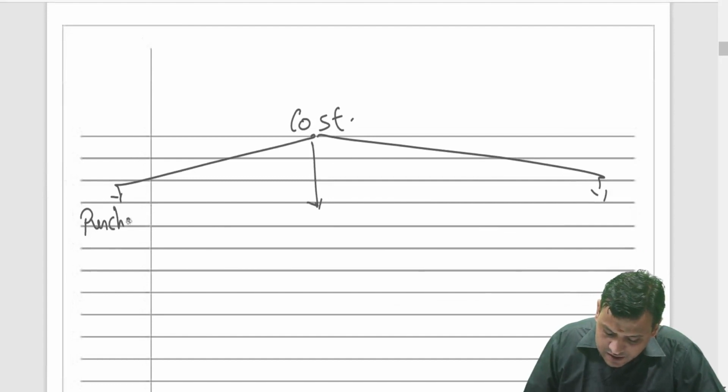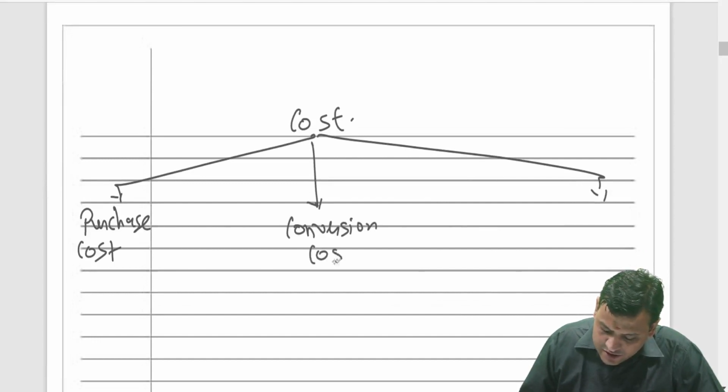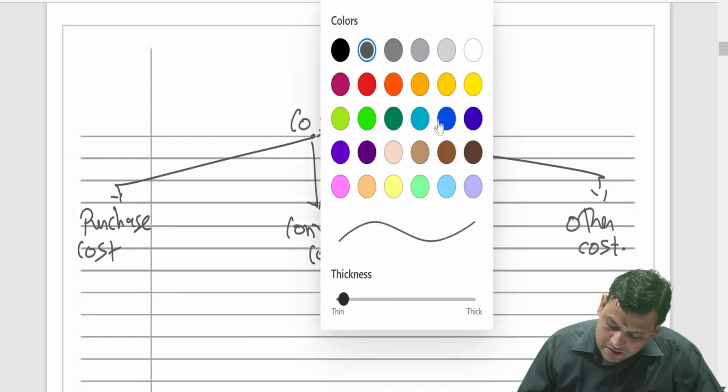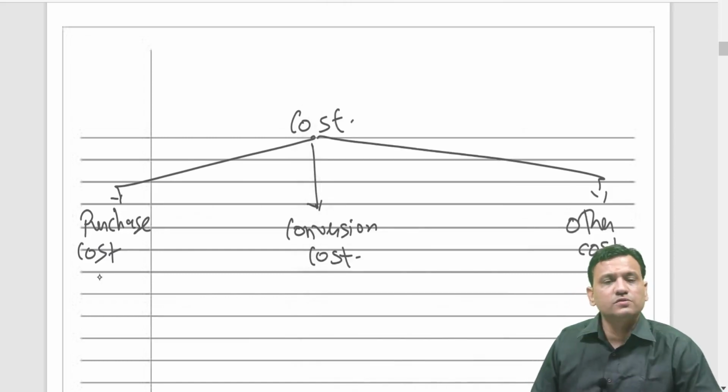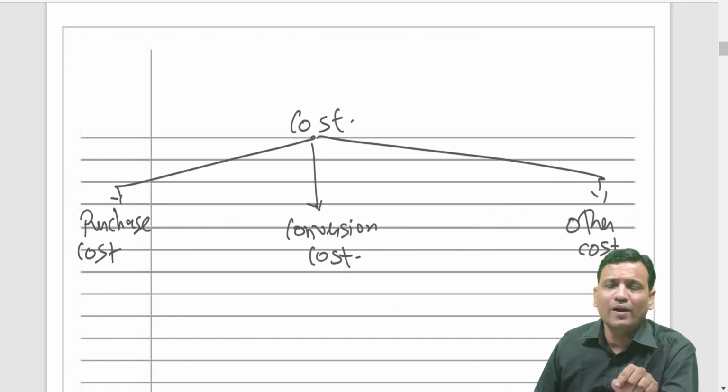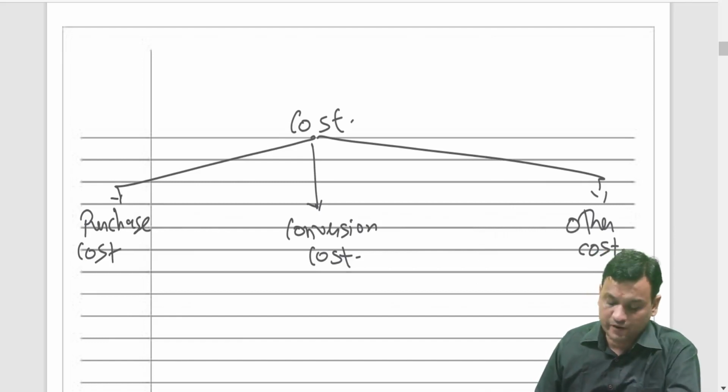Standard says that cost will be purchase cost, means whatever expense you incurred for purchasing, conversion cost and other cost. Of course, while finding out purchase cost, the purchase price plus the direct expenses, tax and duty paid should be added, provided we are not going to get credit of it.